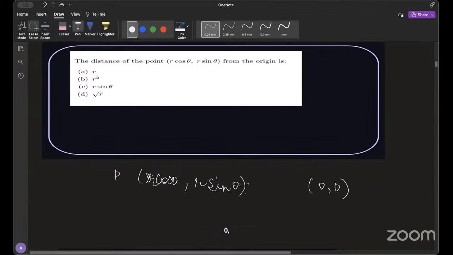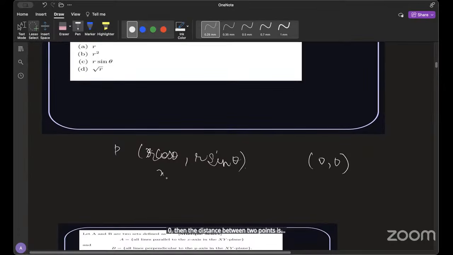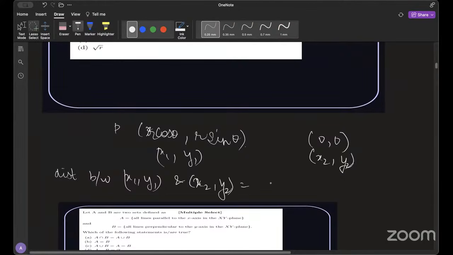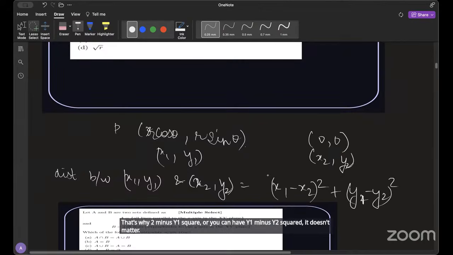Then the distance between 2 points, if x1, y1 and x2, y2 are 2 points, is given by root under (x2 minus x1) squared plus (y2 minus y1) squared, or you can have y1 minus y2 squared, it doesn't matter.